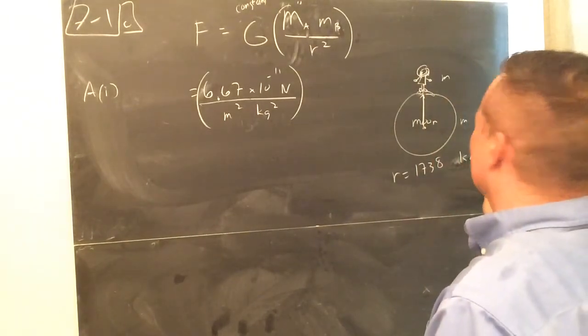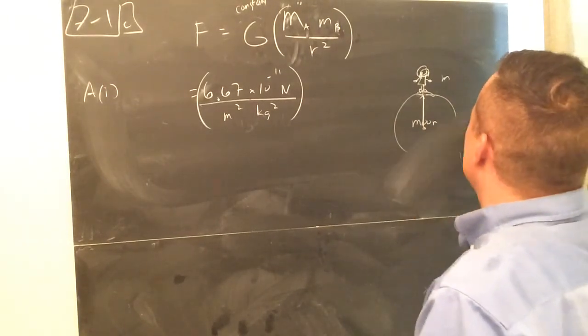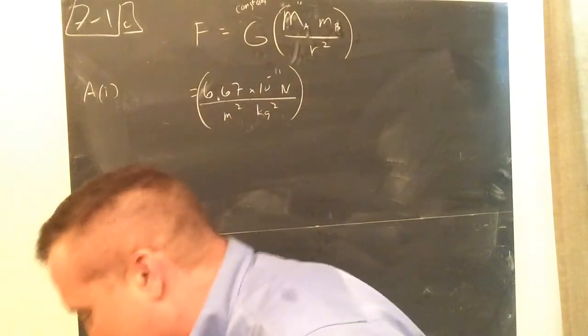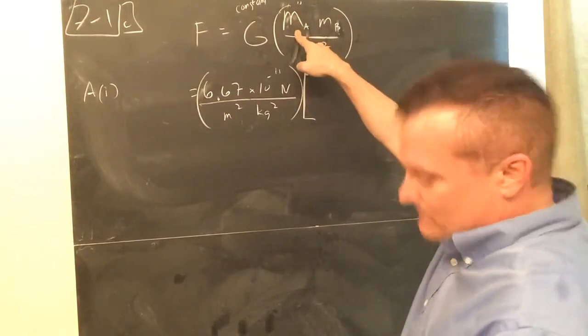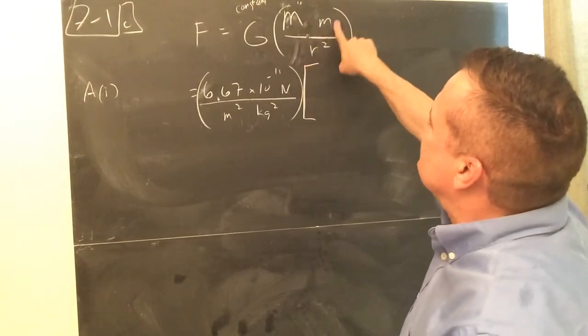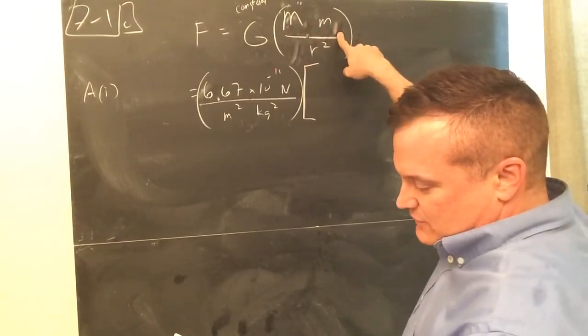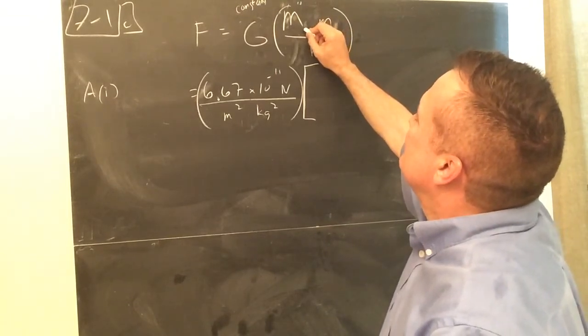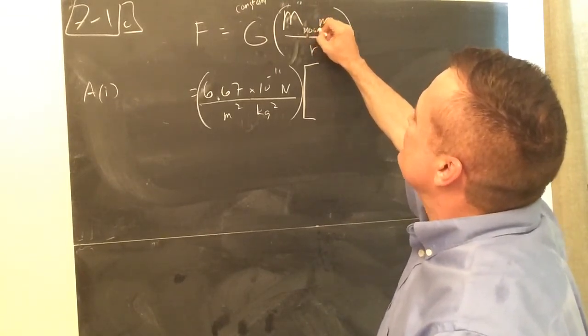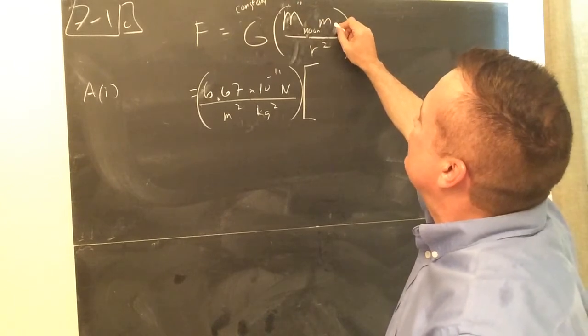My little Lily friend, I'm going to have to move her over. Oh well, I'm going to run into the math, but you can remember that picture. Okay, now, I even like to put brackets just to be careful. I also like to label it: it's the moon and an astronaut. So maybe M moon, or just M for moon, and astro.